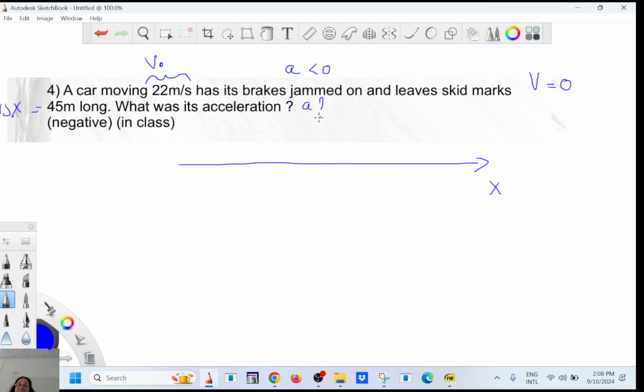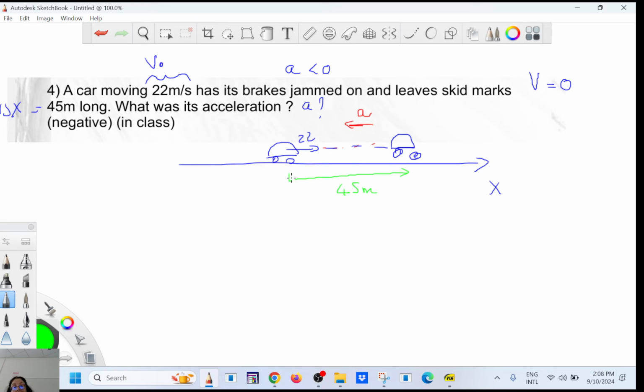And question mark. Okay, so you have a car here, 22, and then acceleration is to the left. It helps if you have color pencils, for example. But you have a tablet, so it's fine. Okay, so here it stops. And then displacement here, 45 meters. It's a vector.